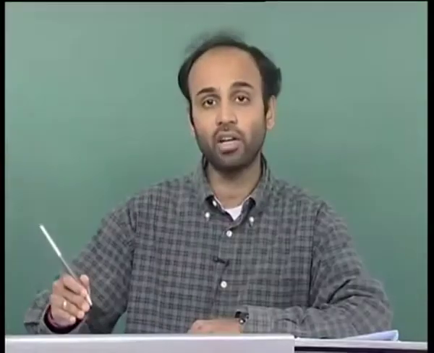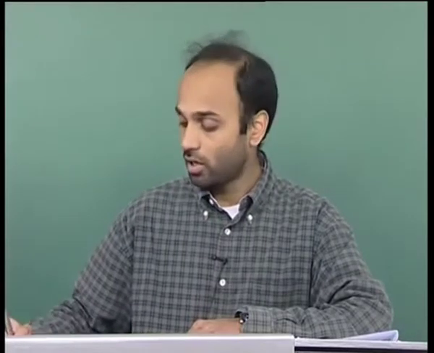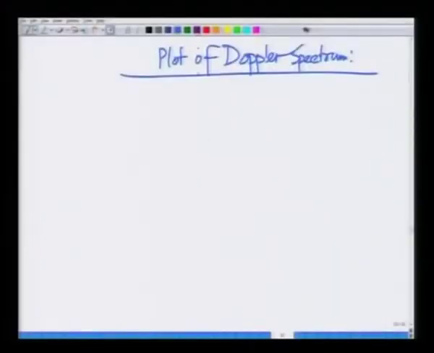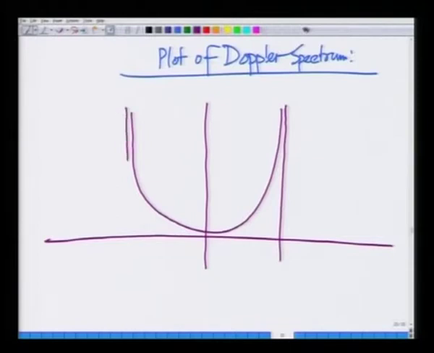Hence it exists only for f between minus f d and f d, and towards f d it shoots up. This Doppler spectrum is symmetric and looks like this. At f d and minus f d it shoots up to infinity.